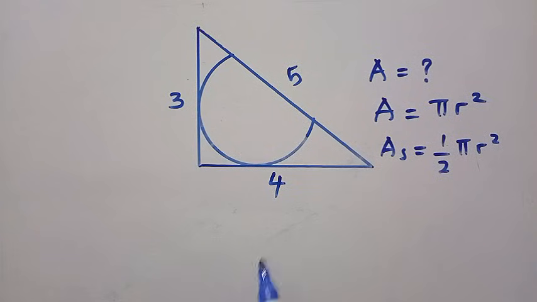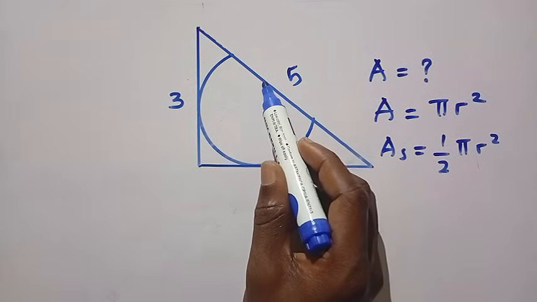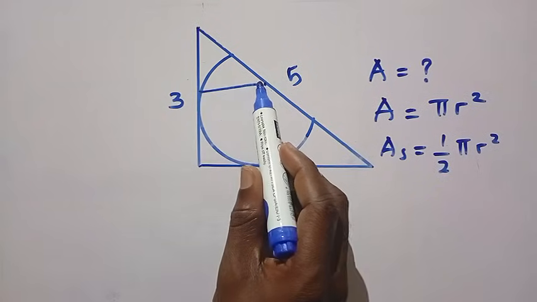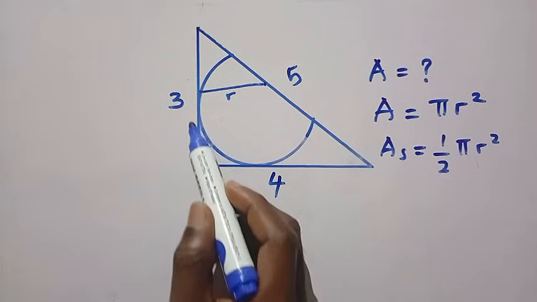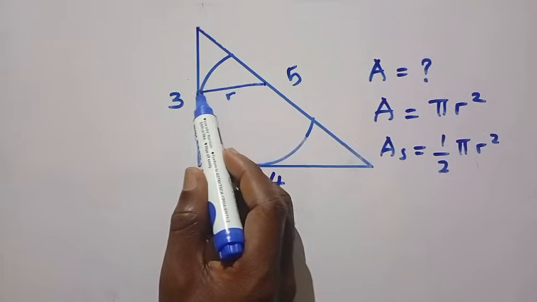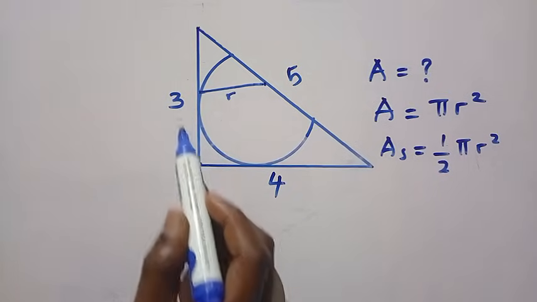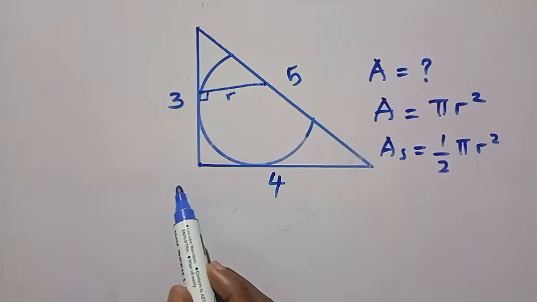Then, if you consider the center of this circle, at this point, if I draw it to this, we have this as the radius, and this line is tangent to this line, and every tangent line is perpendicular to the radius.